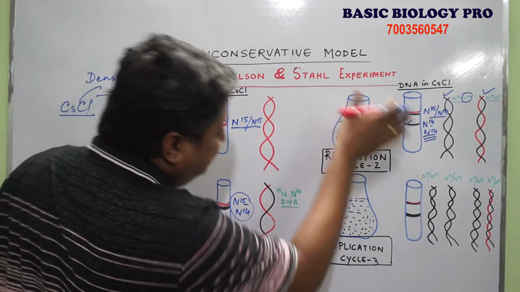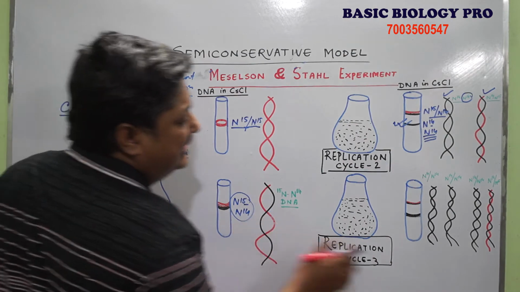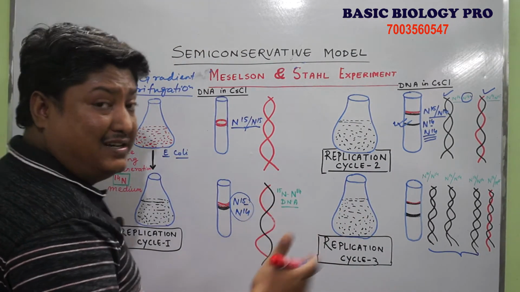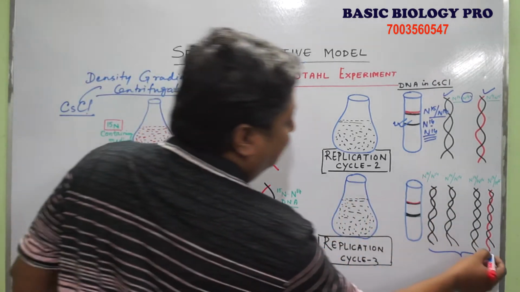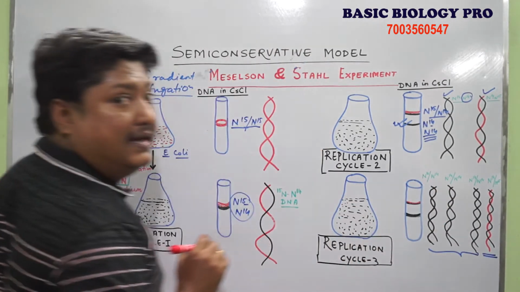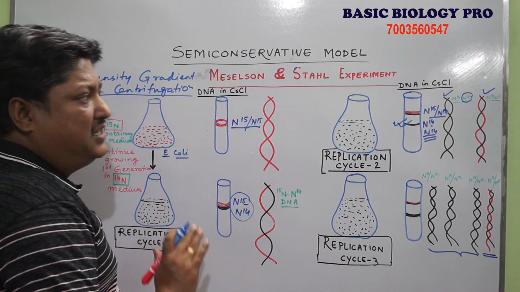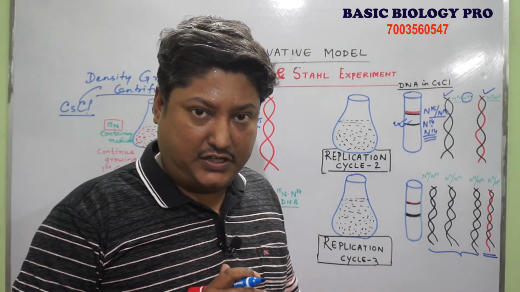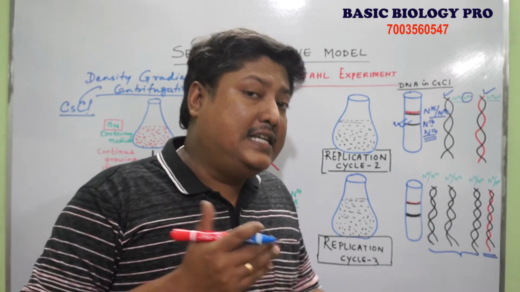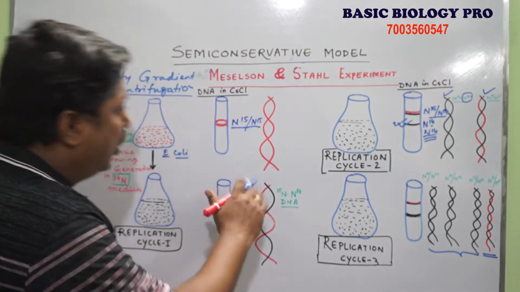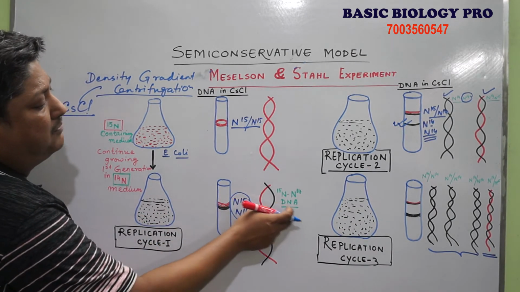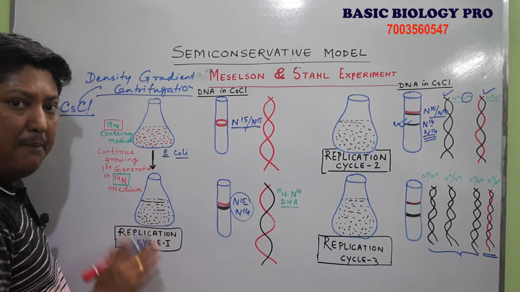If we see the next cycle again, we can see these three bands are labeled with N14 because they are newly prepared, and one hybrid band exists. So it has been confirmed that replication occurred in a semi-conservative fashion. If it occurred in a dispersive fashion, then in all cases only one band would exist, the N15N14 band, but that never happened here.